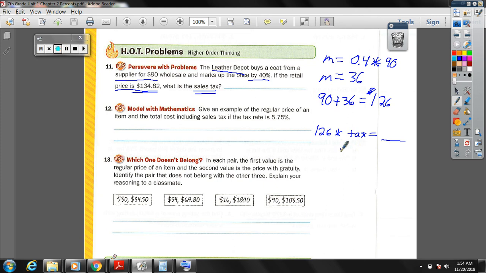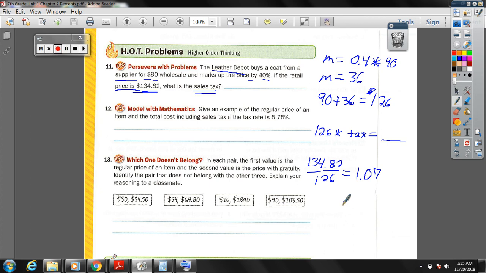What we could do here is we could take the retail price of 134.82 and divide it by 126. When we do this, we're going to get a value of 1.07, which as a percent is 107%.